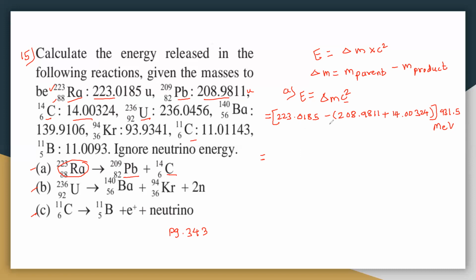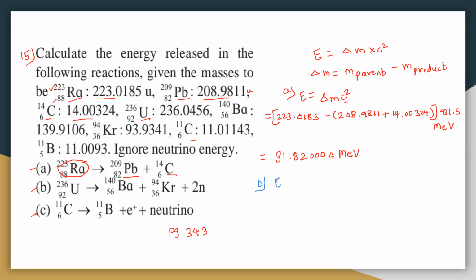So simple addition and subtraction, and then when you get the final answer, you are going to multiply it with 931.5. So which will give you the final answer 31.820004 mega electron volt. So this is the energy release in this equation A. So B also you can solve the same way.